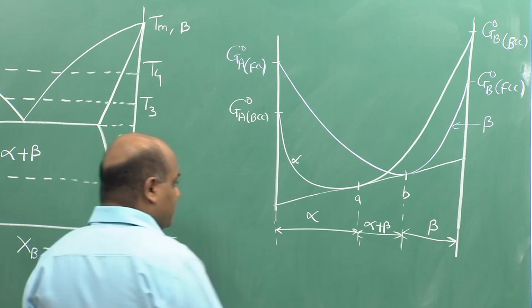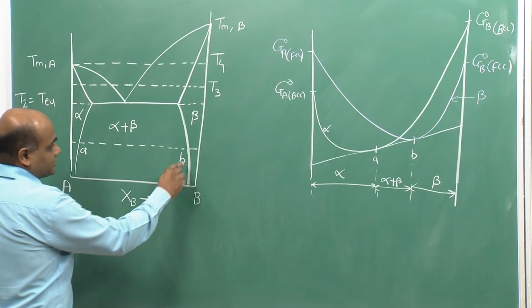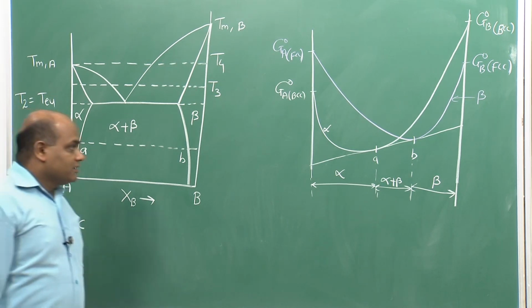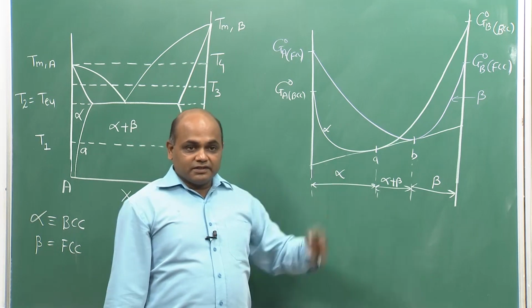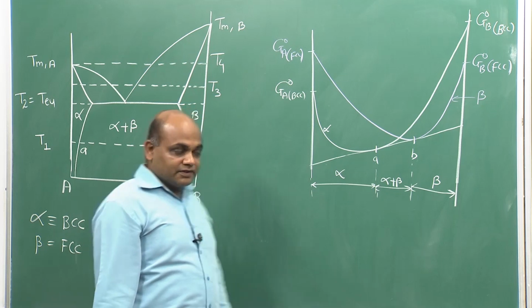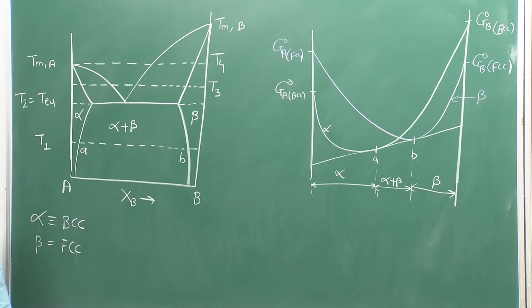So, these A and B points on the phase diagram are really these 2 points A and B. As I increase the temperature, these 2 points will approach each other, right. So, we will see that the solubilities on both sides are increasing.